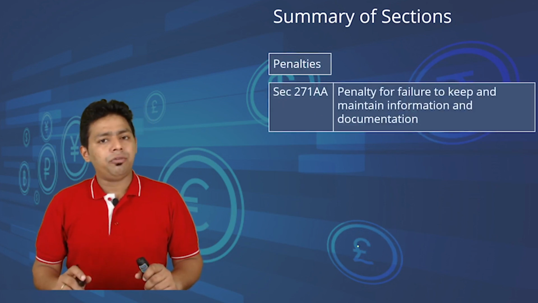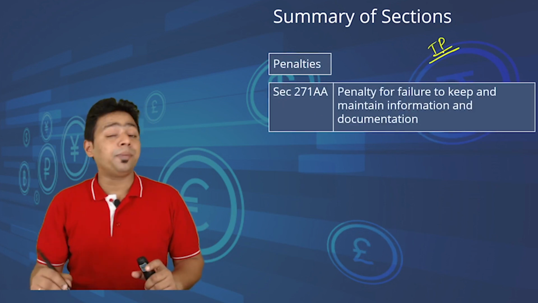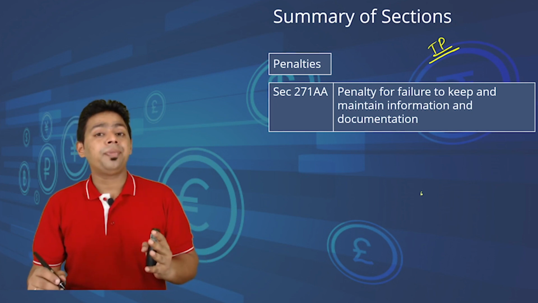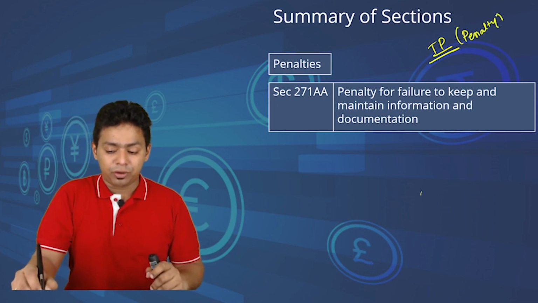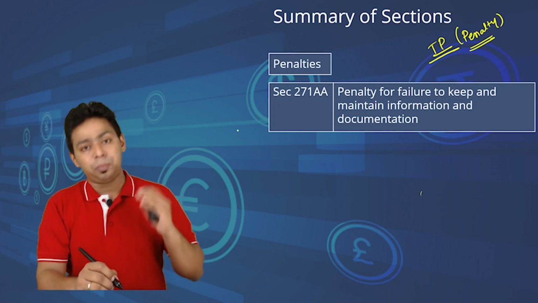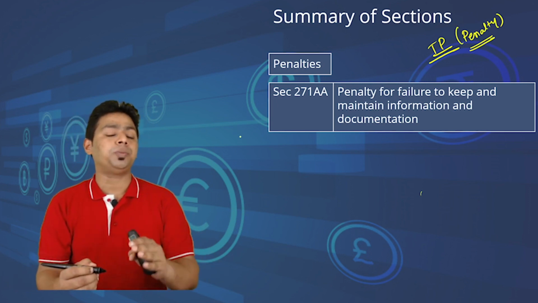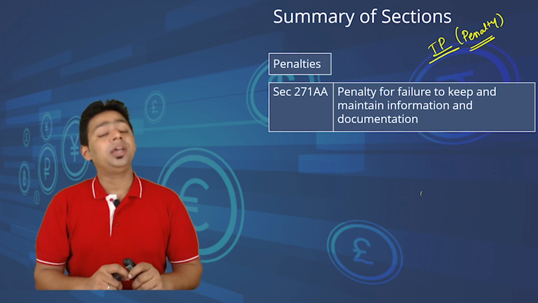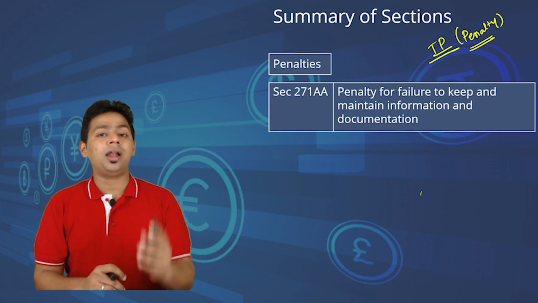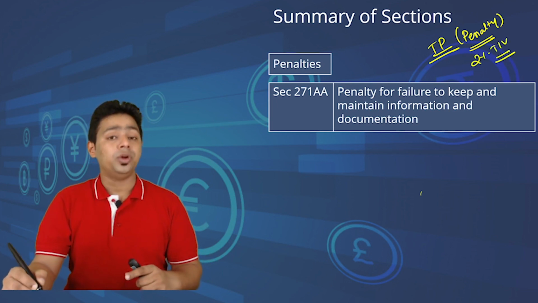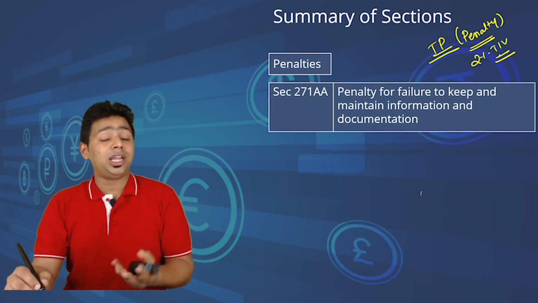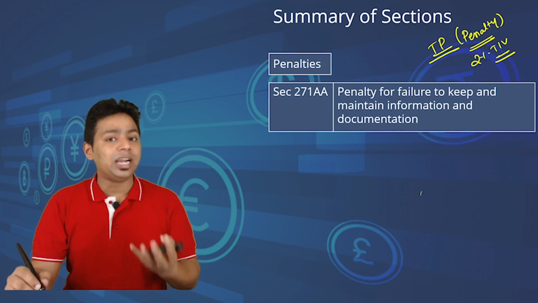Apart from that, whenever transfer pricing provisions are in play, you might have listened to me in the penalty chapter. We have already covered all these penalties in the penalty chapter. We will again touch upon this penalty in transfer pricing. But one thing is for sure, the penalties are in lakhs and in percentage, 2% of transaction value. Now if the penalty is 5 lakh rupees, 1 lakh rupees, I can still digest.